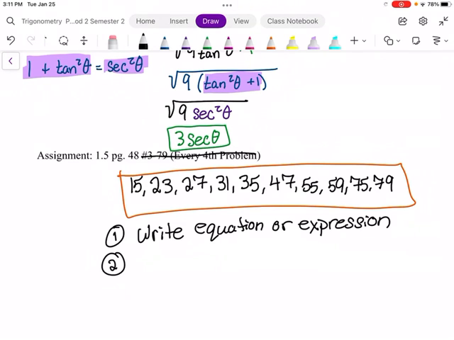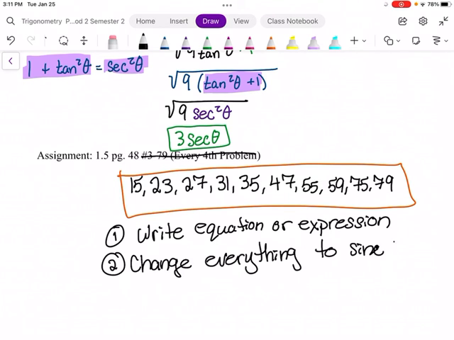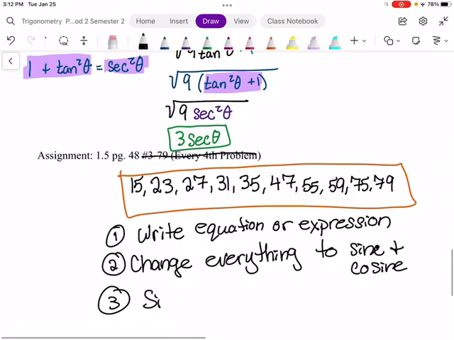And then you are going to change everything to sine and cosine. And then you are going to simplify.